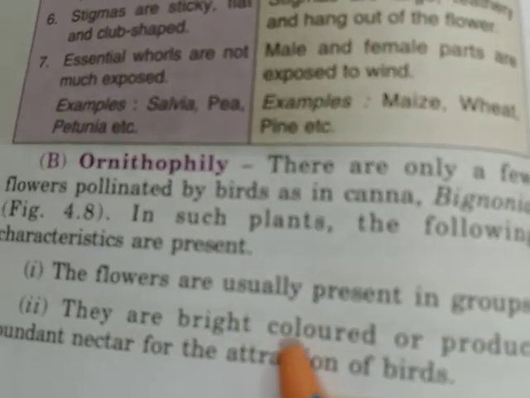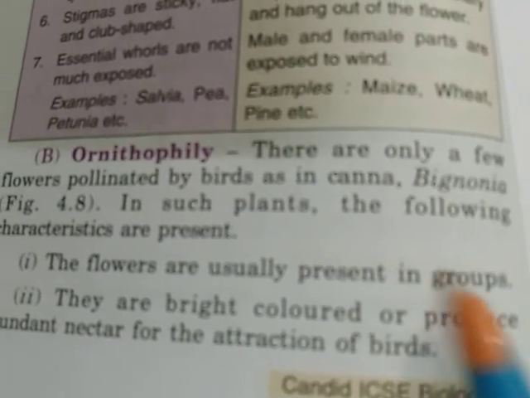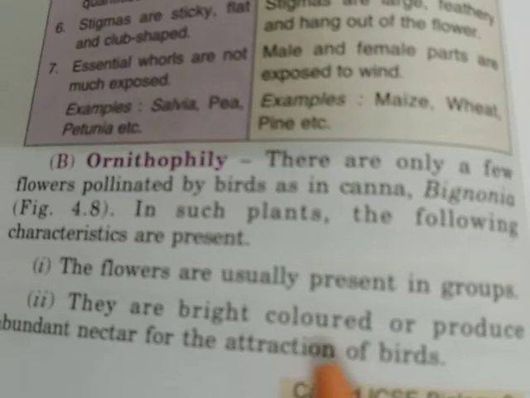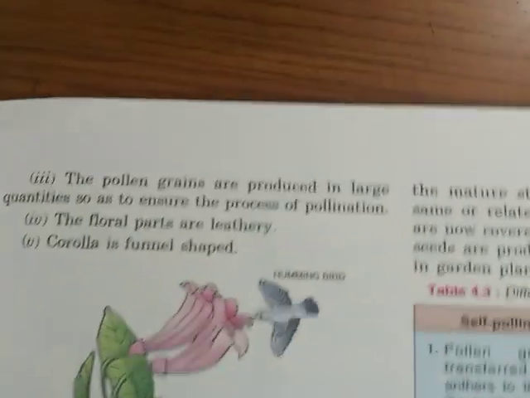They are bright colored or produce abundant nectar for the attraction of birds. As these flowers are pollinated by birds, they are brightly colored and produce abundant nectar so that they can attract the birds for pollination.